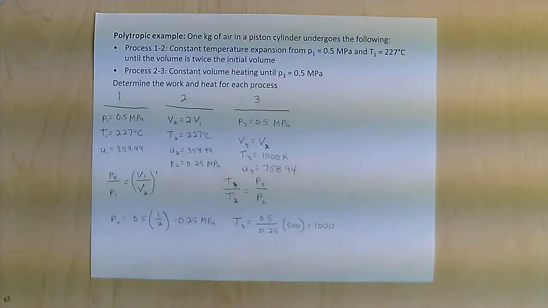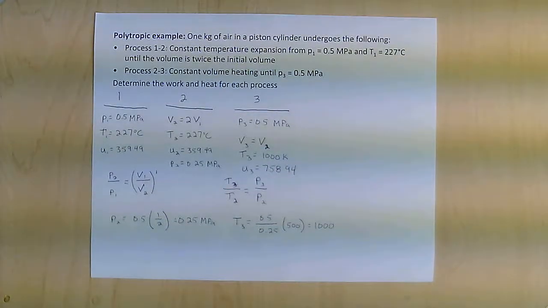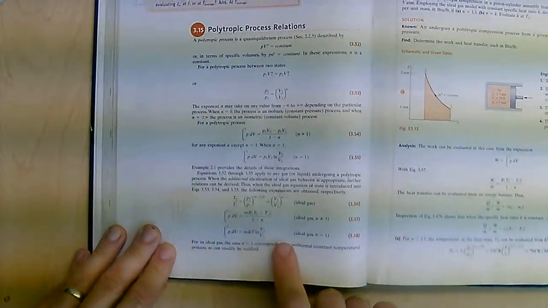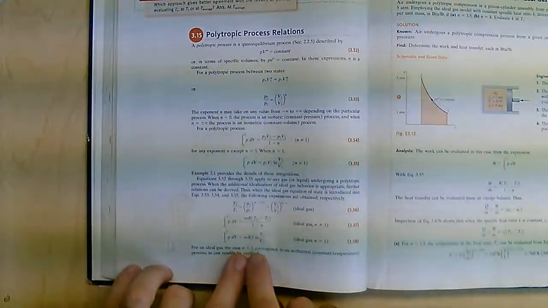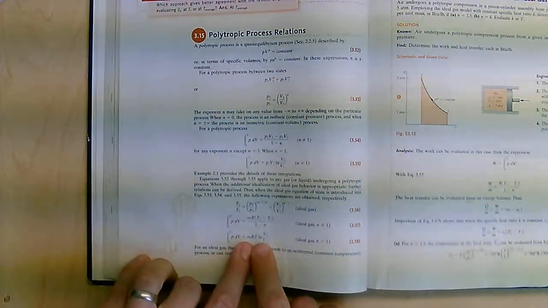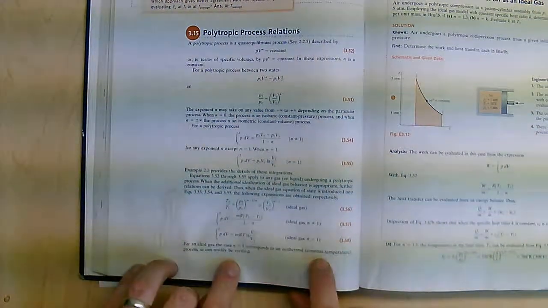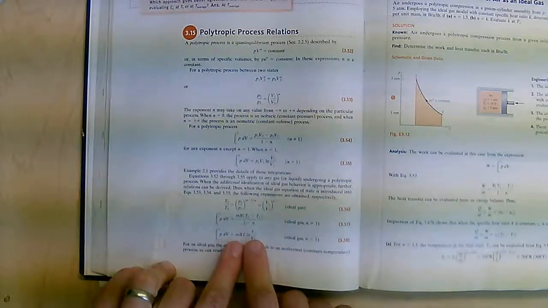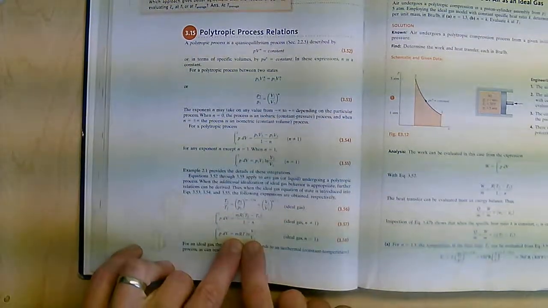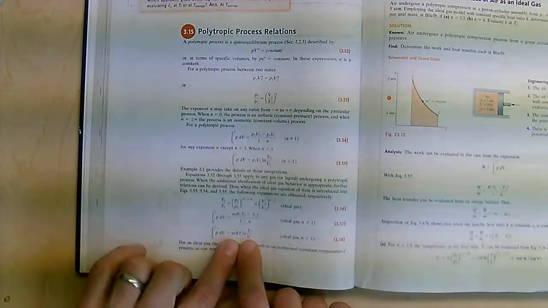Because this is a polytropic process, constant temperature and isothermal, which means N equals 1, I can use this equation for my work.